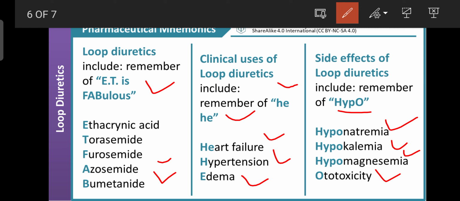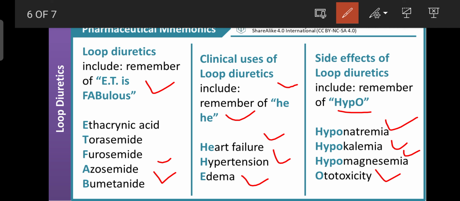Loop diuretics mainly cause loss of water. So excess use of diuretics is responsible for causing dehydration. Due to dehydration, muscle pain or fatigue can occur. So that's why you should not go for diuretic drugs unnecessarily.